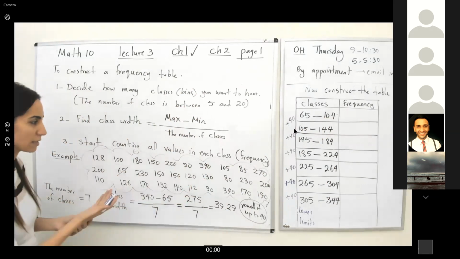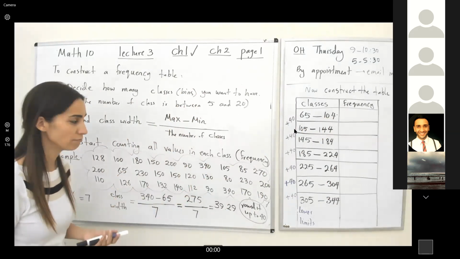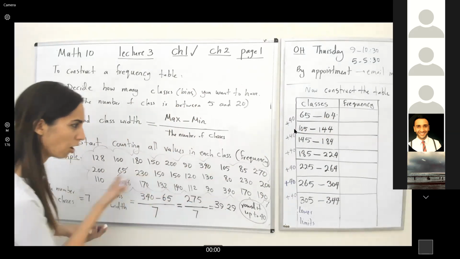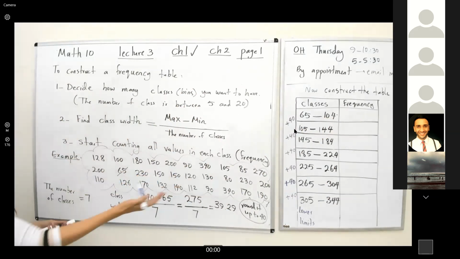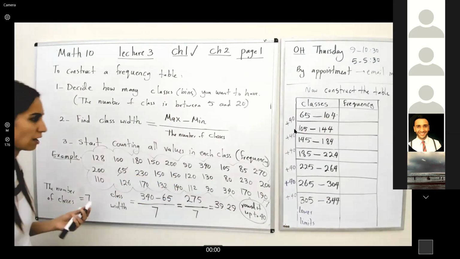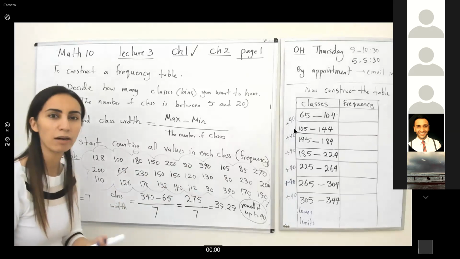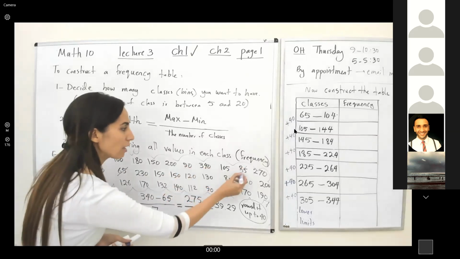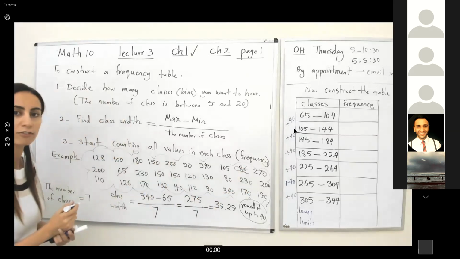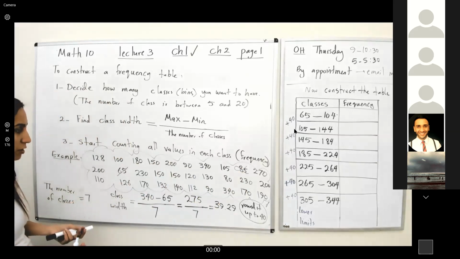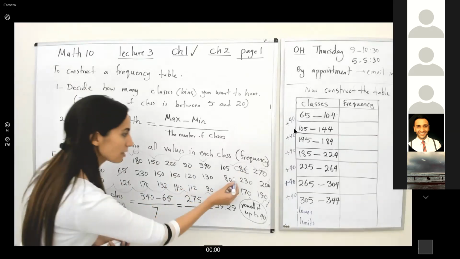I don't see any 67. 68? 69? Do I have any 70s here? I don't see any 70s. How about 80s? Oh, well, I see 85. Do I have any other 80s here? Yes, I have an 80.